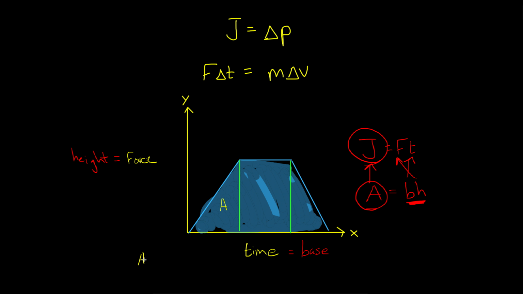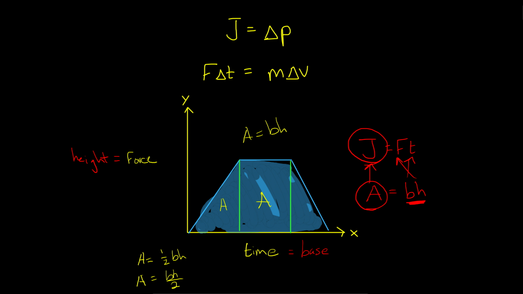So again, the area of a triangle is 1/2 base times height, or sometimes I like to put it as base times height divided by 2. That's the exact same thing, but it's easier to look at it when you write it like that. If you're looking for the area of the square, that's really simple. You just take the base times the height.